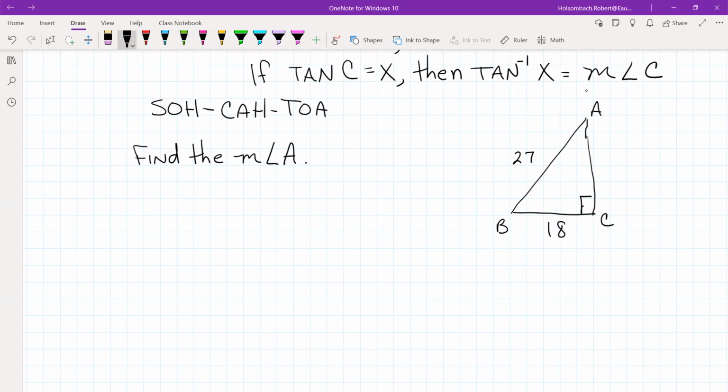We're going to find the measure of angle A here. We're going to use SOHCAHTOA and we're going to use inverse of SOHCAHTOA. So here's angle A. In relation to angle A, we are given the opposite and the hypotenuse. And the ratio that deals with opposite and hypotenuse is sine.